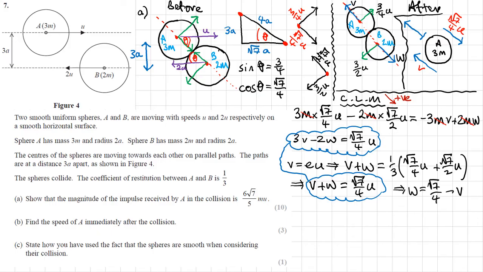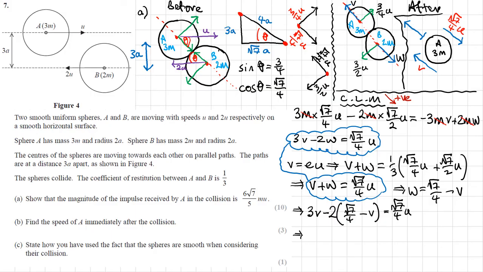So I'll take this second equation and make w the subject, so I can eliminate it from the first one. So w is root 7 over 4u minus v. If I substitute that into the first equation, I'll get 3v minus, and then it's going to be 2 times root 7 over 4 minus v is equal to root 7 over 4u. So I will get 3v from here, and then 2v from expanding out those brackets.